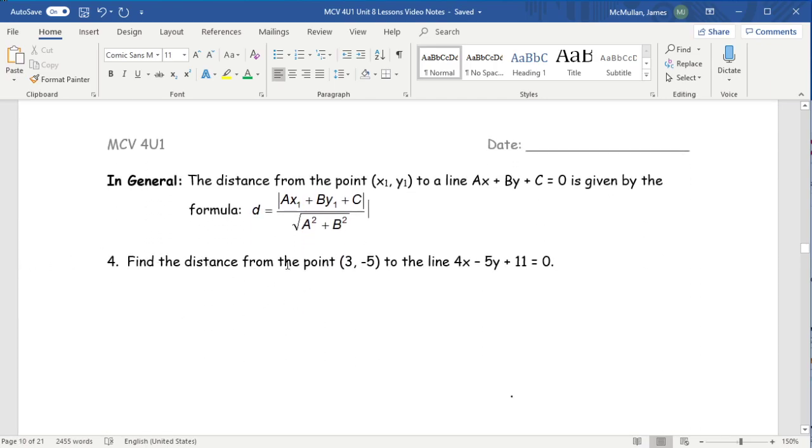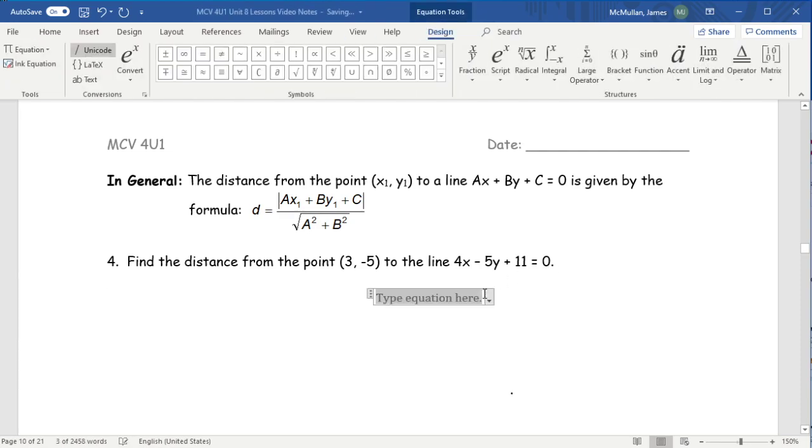Okay, so it says find the distance from this point to this line. Again, let's say the point is Q, so Q is equal to (3, -5). Point P is any point I want that's on the other line. Let me think of a quasi-easy point to use here.